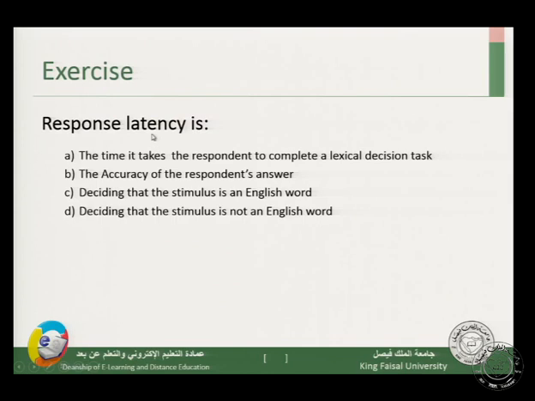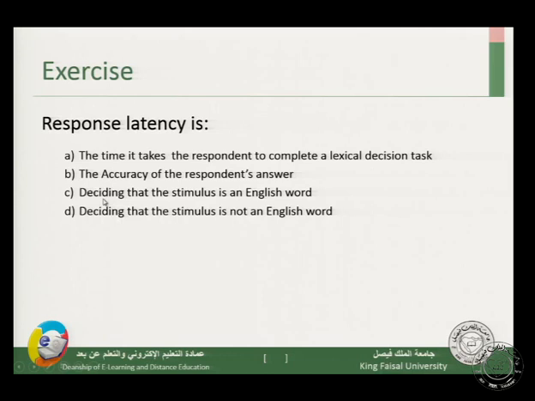So in the exercise, response latency is the time it takes the respondent to complete a lexical decision task. If you answered B, your answer is wrong, because this is response accuracy, not response latency.